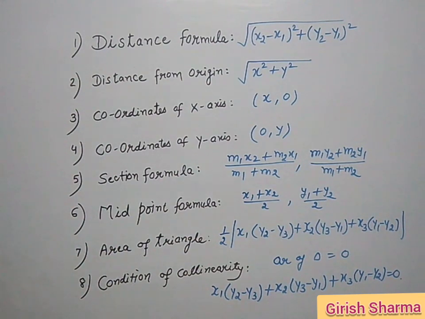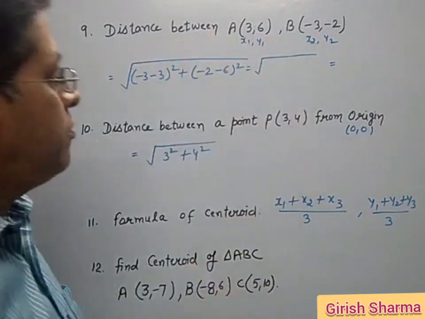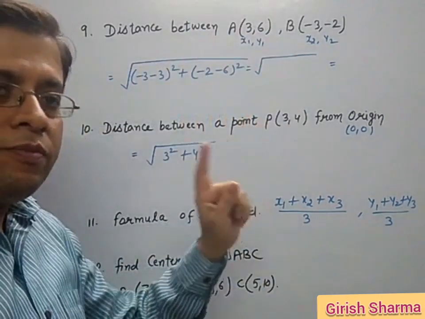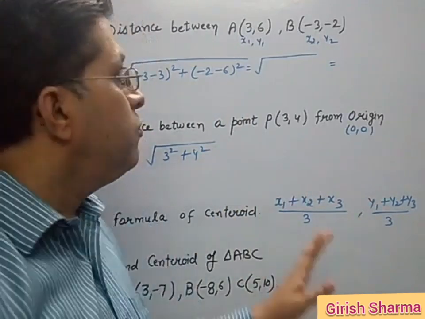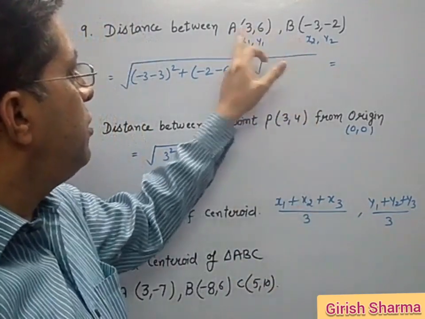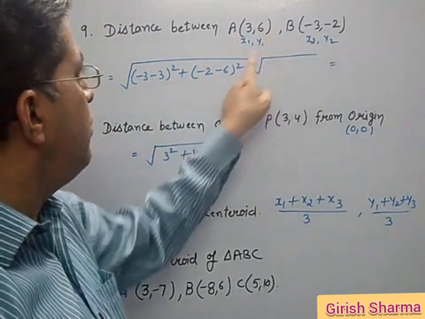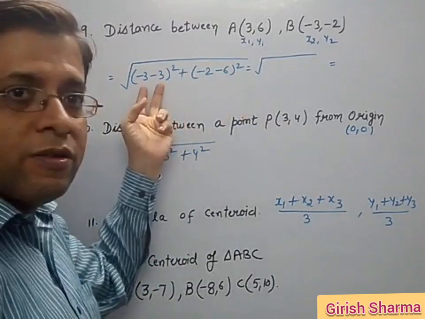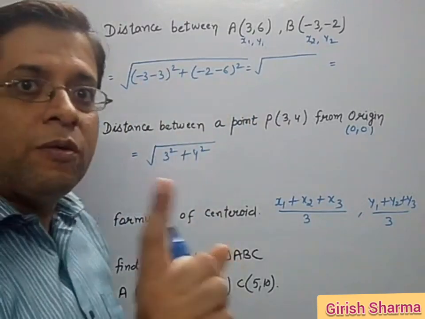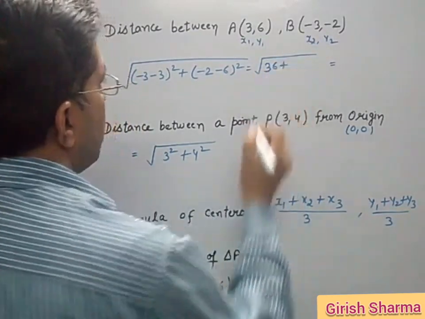Then come on to the next. Yes. Now see the questions. Distance between these two points. What was our distance formula? Under root (x2 minus x1) whole square plus (y2 minus y1) whole square. This is minus 3 minus 3, whole square, plus minus 2 minus minus 6... Minus 6 square is 36.